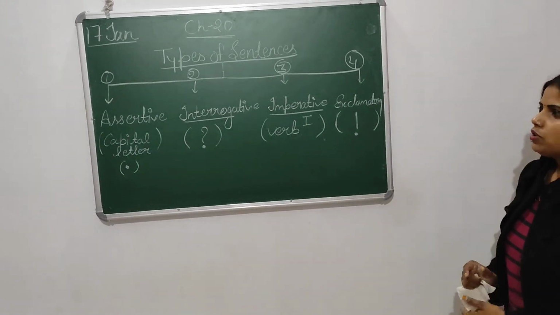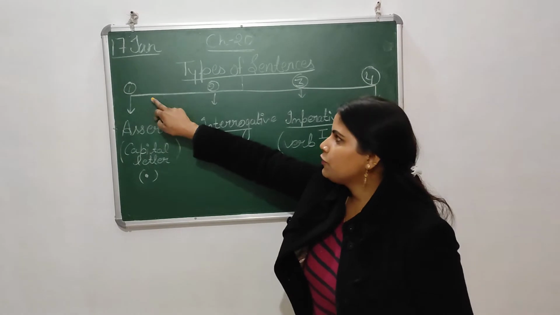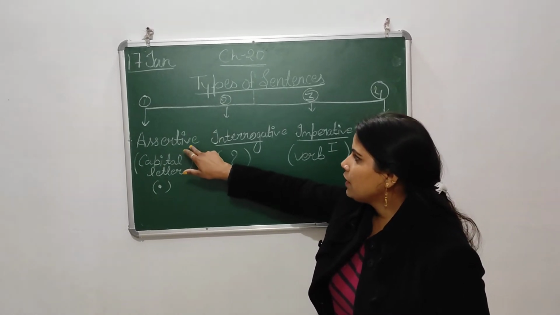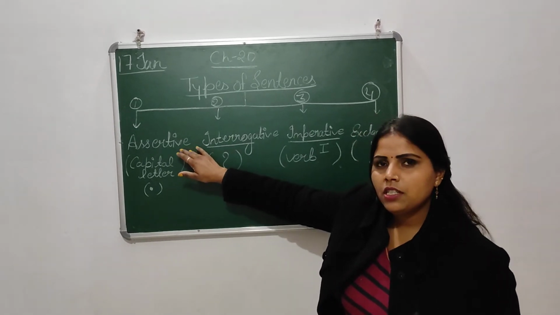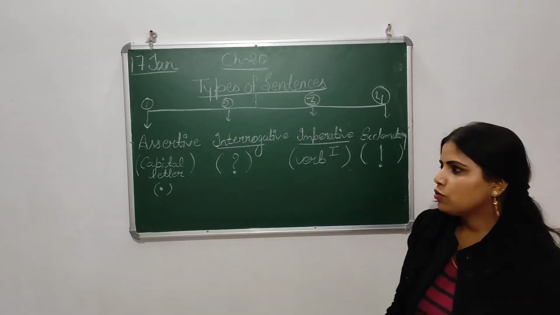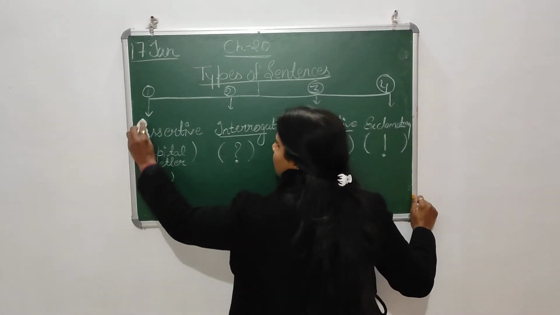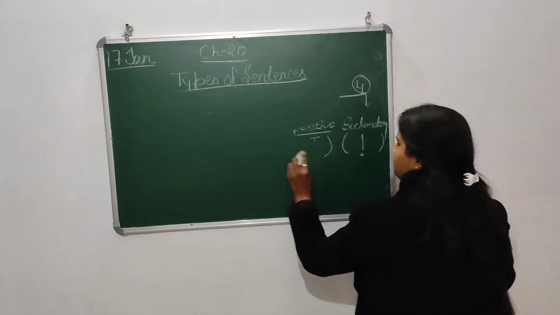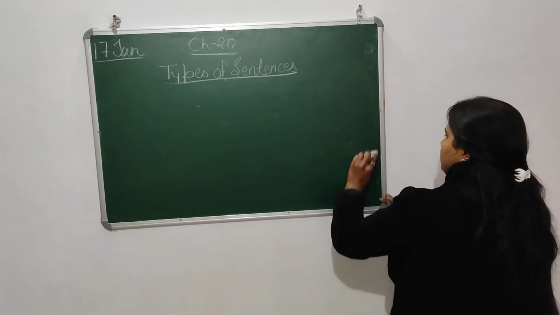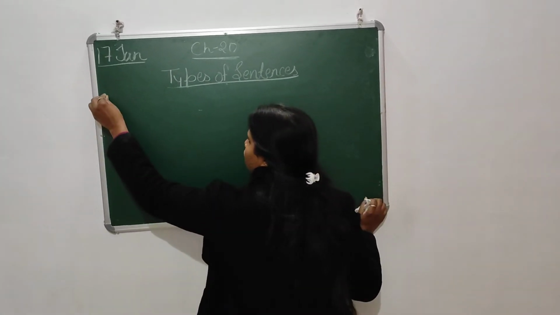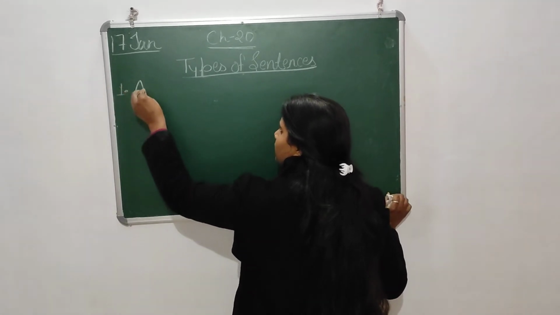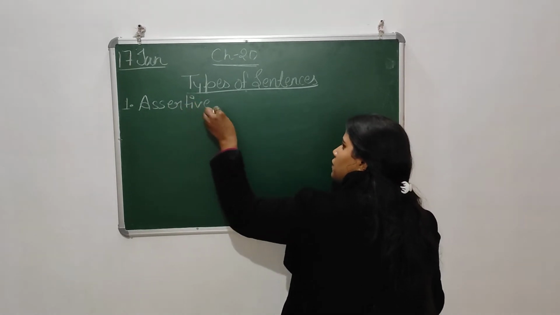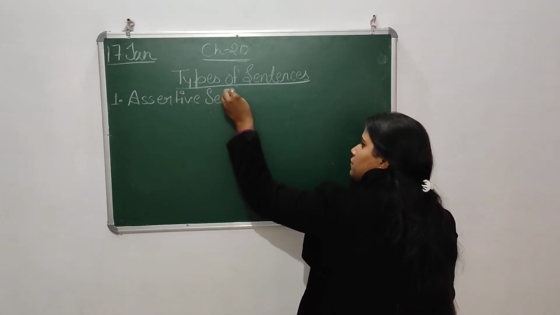Okay. So let's move forward to the first type of sentence, which is the assertive sentence. I want to give you a clear and detailed explanation about this sentence. So your first type of sentence is the assertive sentence.